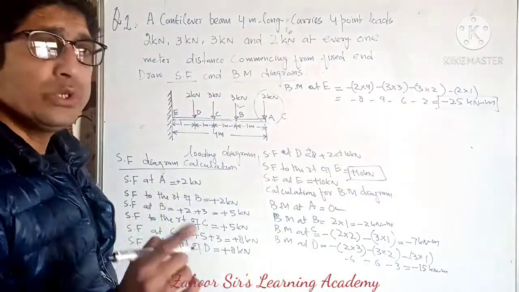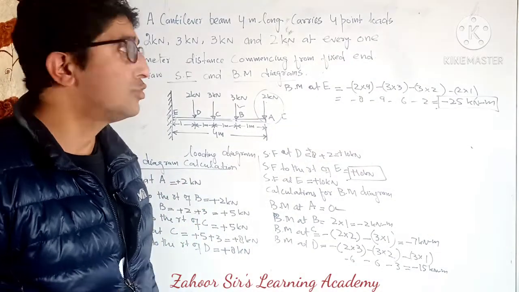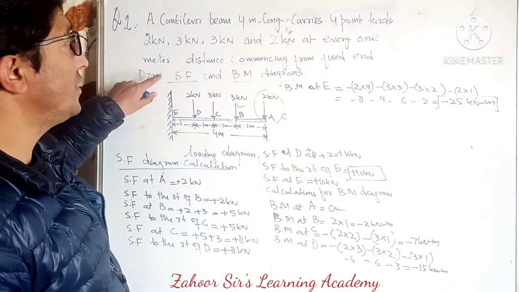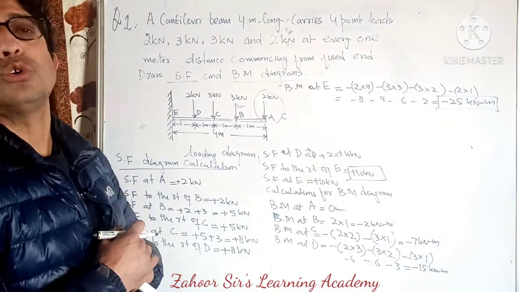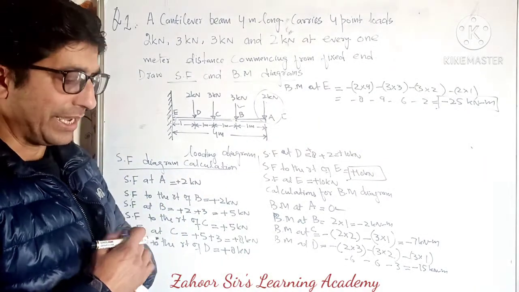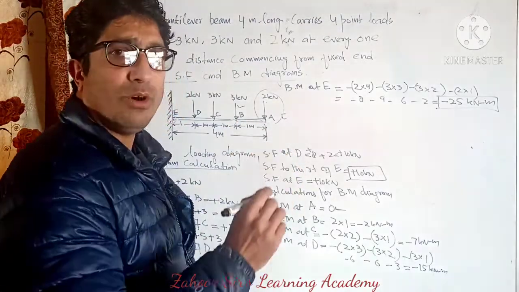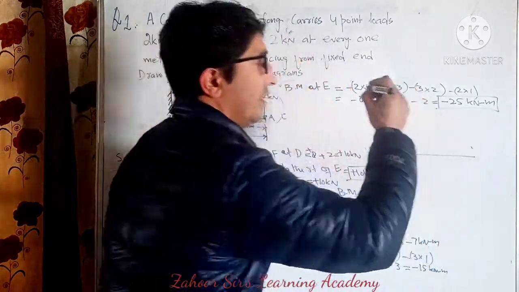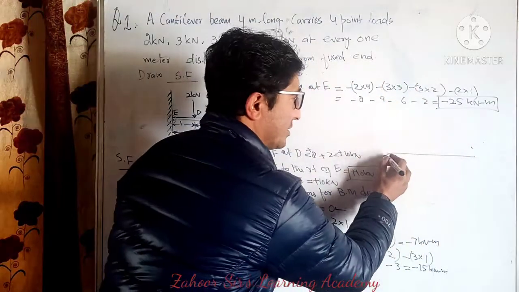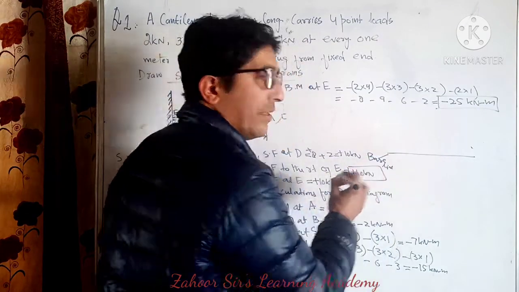Now after doing these two calculations, what we need to do is draw the SF and BM diagram. Now I will show you how to draw the SF and BM diagram. Let's learn. So first of all, we have to draw a baseline. This is a baseline.